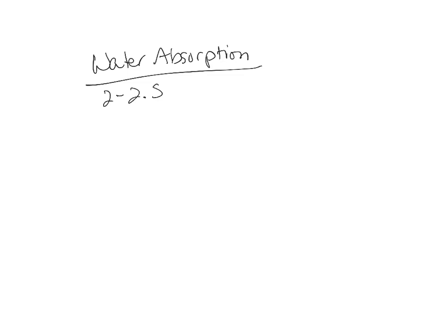So now just briefly, I want to talk about water absorption. You have about 2 to 2.5 liters of water that enters the digestive tract through the food you eat and the drinks that you drink. And then we also have water that's produced by the glands in your body.